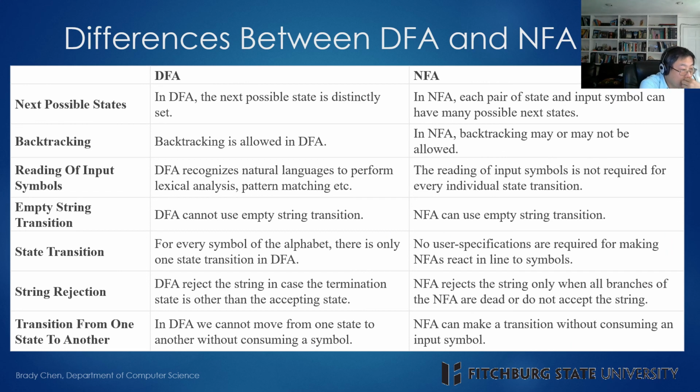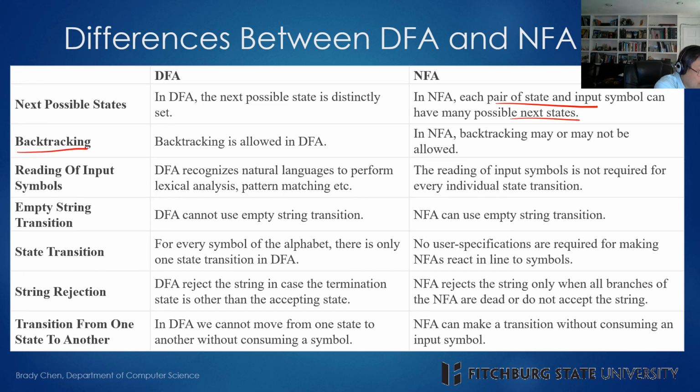Okay, let's summarize the differences between DFA and NFA. For DFA, the next possible state is distinctly set. So with the current state, the next state is uniquely determined by the input value. Now in NFA, each pair of state and input symbol can have many possible next states.